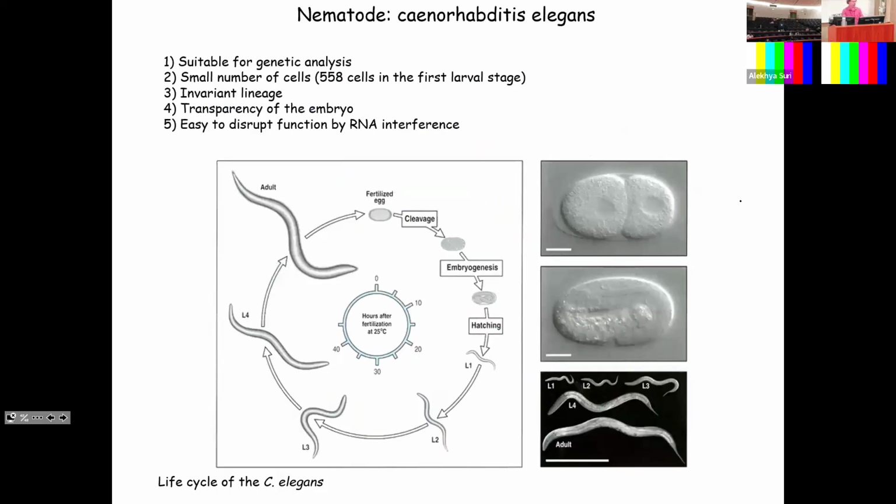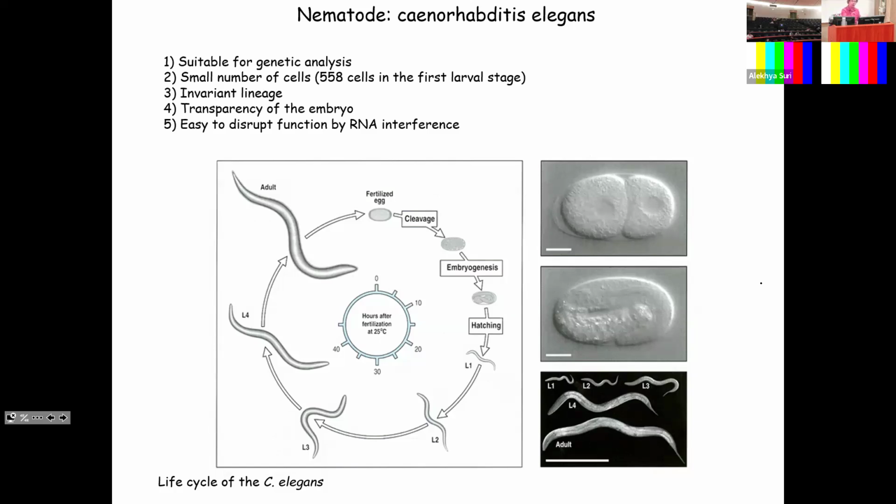The last one, I think, is the nematode, C. elegans, or Caenorhabditis elegans, which is a worm. And you may wonder, what is a worm doing? How is it helping us in our biological process? The fact is that, first of all, it is also transparent, like zebrafish. Also the organization of the cells of the body is invariant.